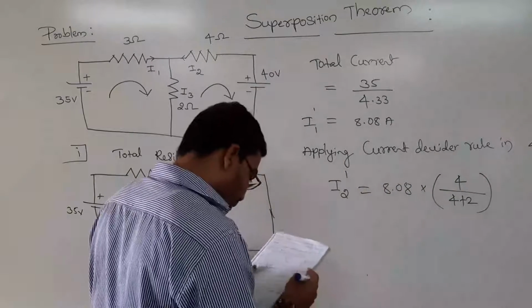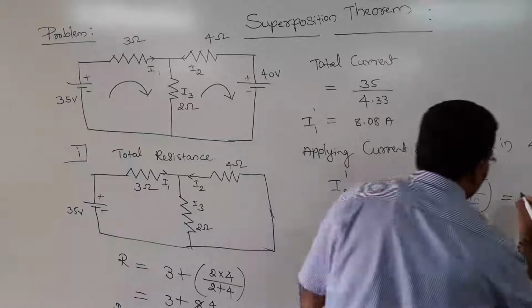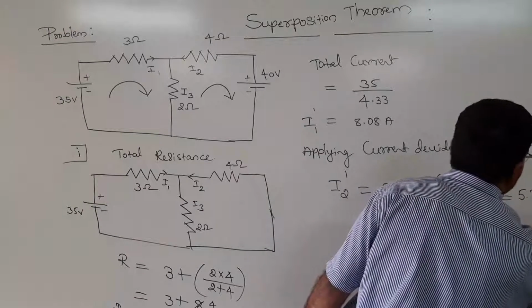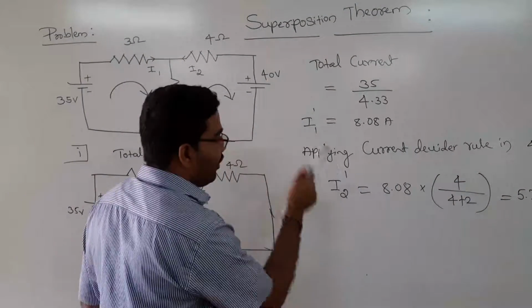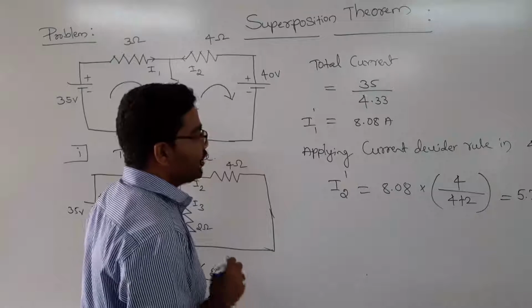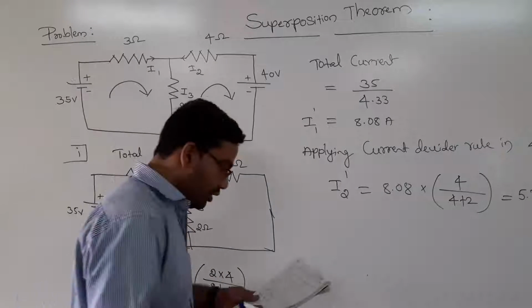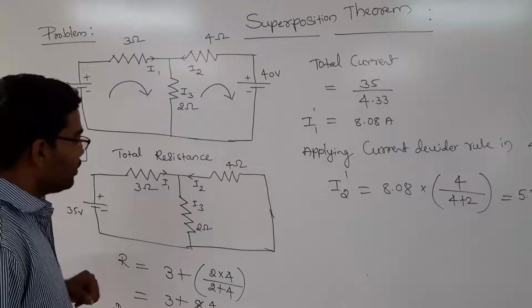Then what will I get as the value? 5.39 amperes. So this is the value of I1 dash and this is the value of I2 dash. So this is step 1 to find out the branch current in the first branch.